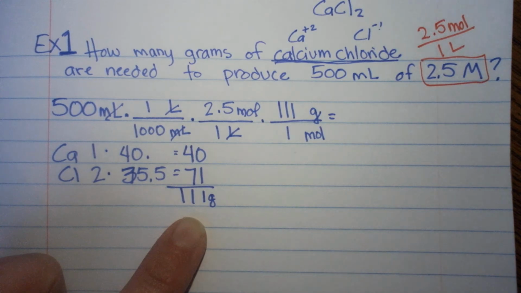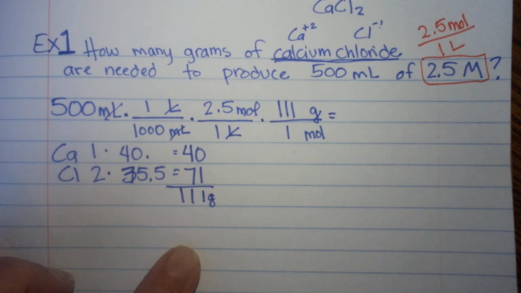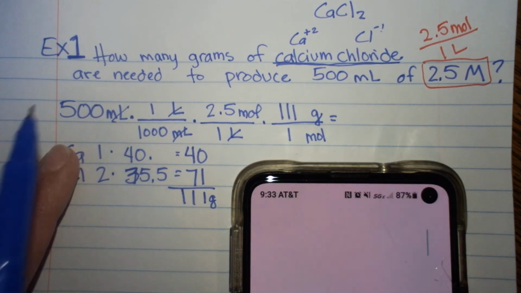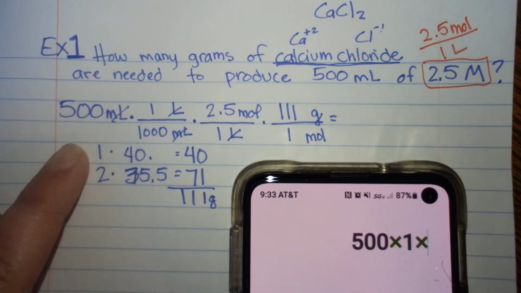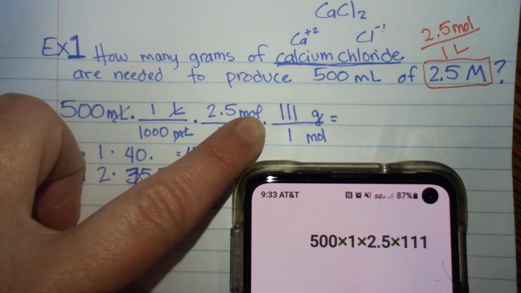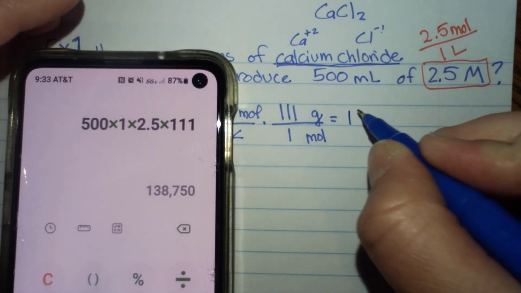Alright, so when we calculate it out, I'm going to get my calculator up so that we can see the math. If I calculate it out, I'm going to go straight across the top: 500 times 1 times 2.5 times 111 is 138,750.